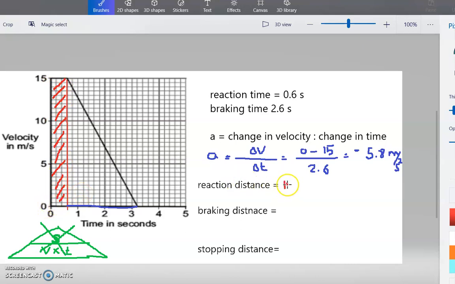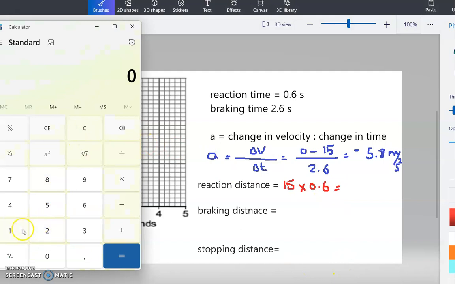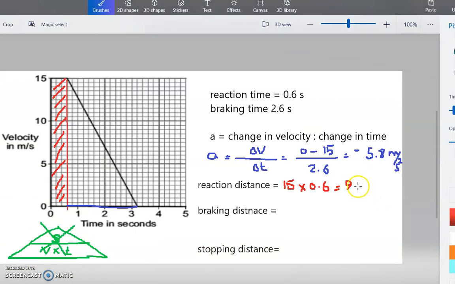So 15 times that bit here, which is 0.6. So 15 times 0.6 is 9 meters. So this is the reaction distance.